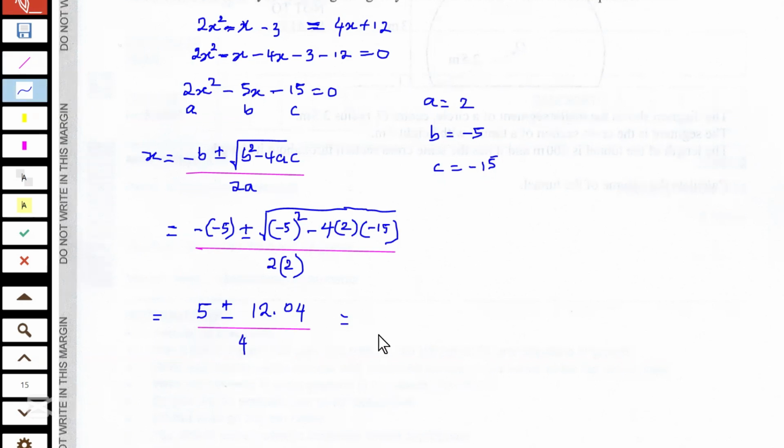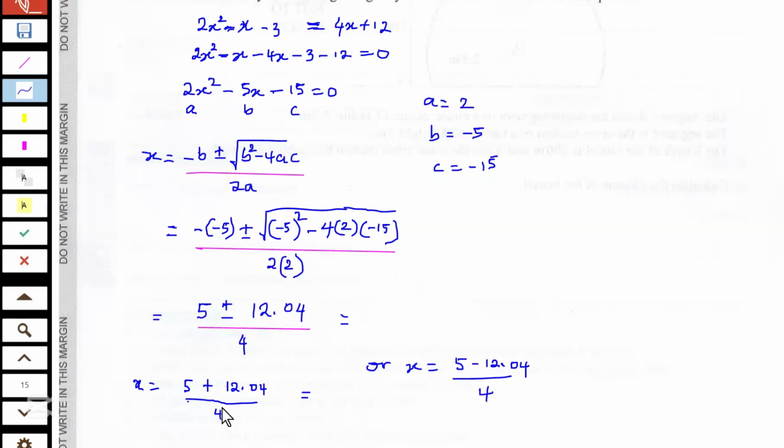Now this gives us two values. The value of x can either be 5 plus 12.04 over 4, or the value of x can be 5 minus 12.04 over 4.